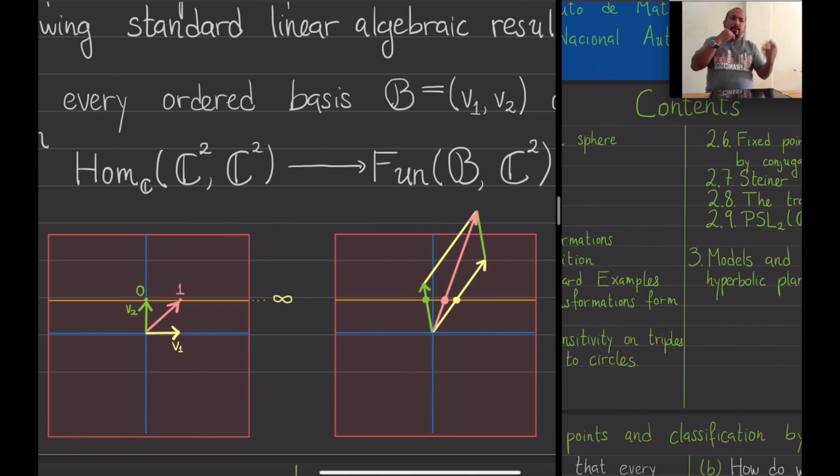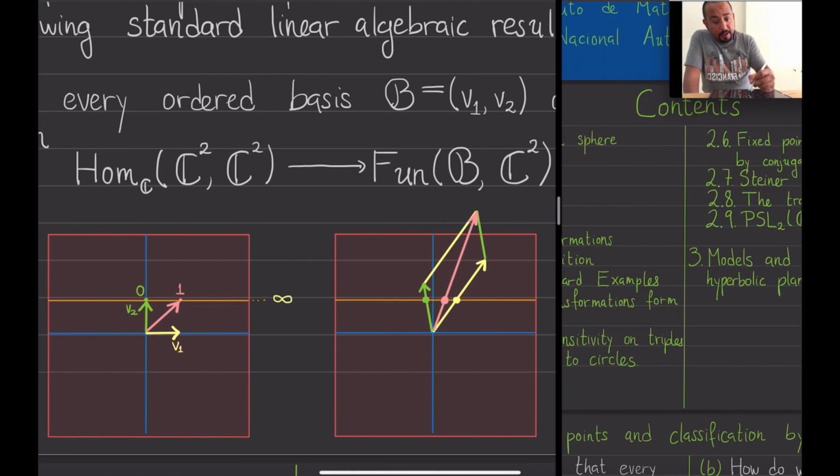Okay, and then you say, but then why the 3? Where does the 3 come from, right? You said that everything was decided once you decided that this is the image of V1 and this is the image of V2, because then their sum has to go here, and so this point has to go to this point under the Mobius transformation. Sure, but notice that here it is not quite essential that it is this vector where I want to send V1 in order for this point of C bar to be sent here, right?